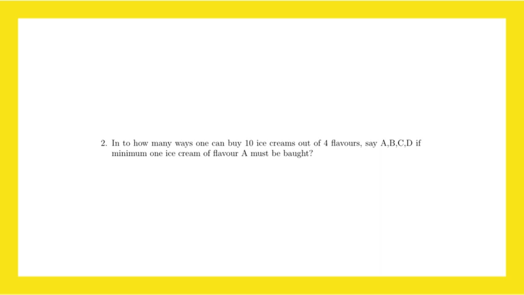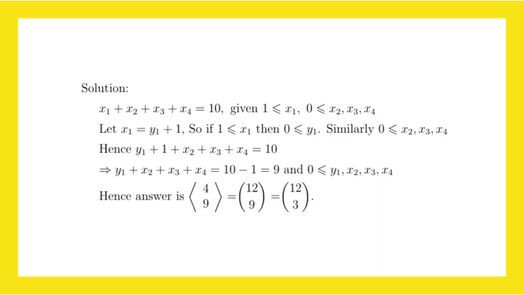Now there is a condition on A. We cannot buy 0 ice creams of flavor A. Therefore, algebraically we will write this question as x1 plus x2 plus x3 plus x4 is equal to 10, but x1 is greater than or equal to 1, whereas x2, x3, x4 can be greater than or equal to 0.